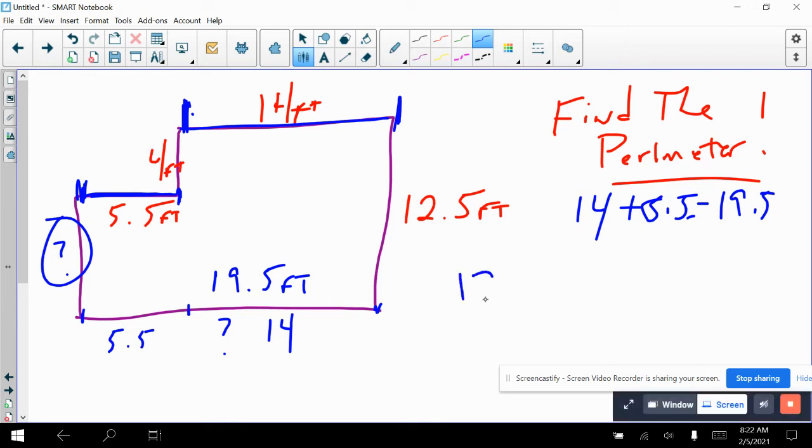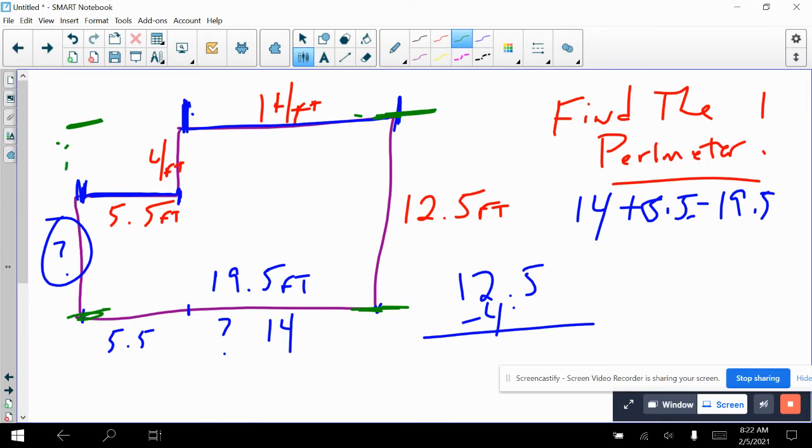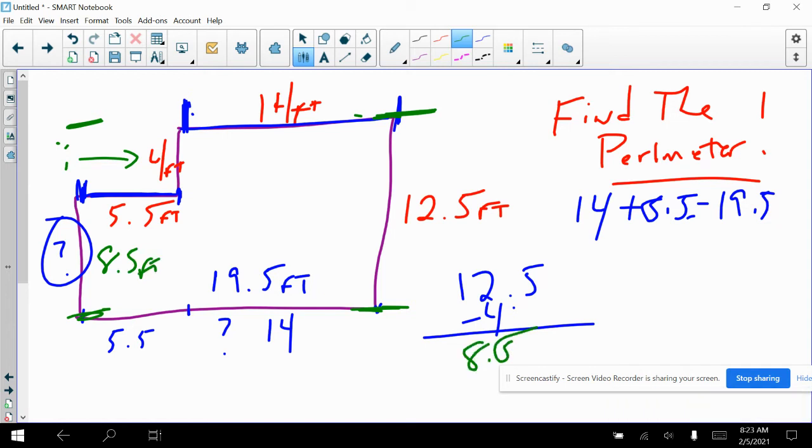Nice job. So 12.5. Now I've got to subtract because the distance from here to here is 12.5, and that goes all the way up there, but there's nothing there. I have to subtract that 4 out. And when I subtract that out, I get my 8.5 feet. Very good. This is a little bit of an easier one.